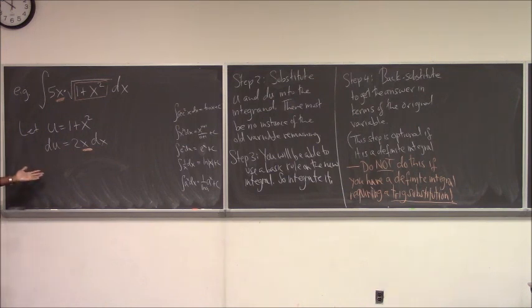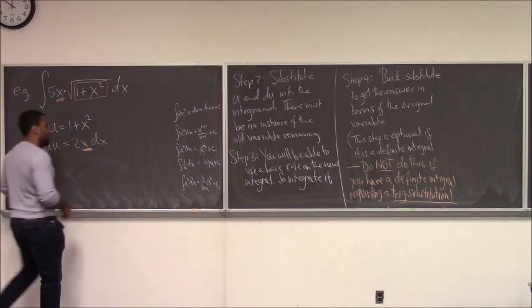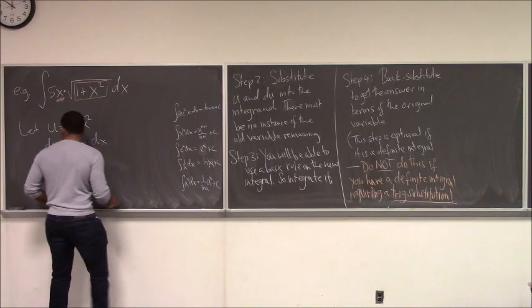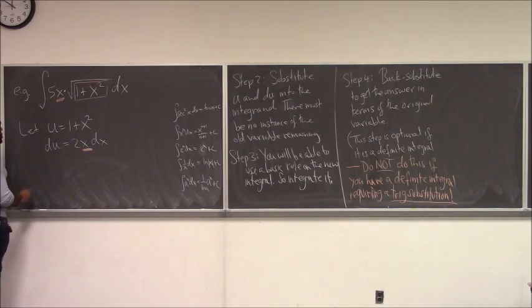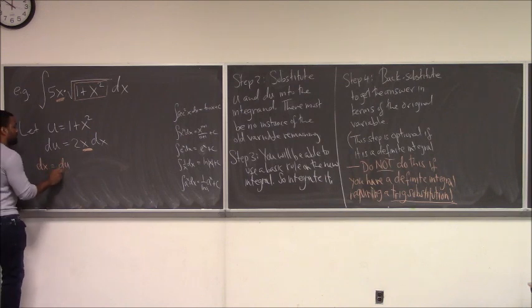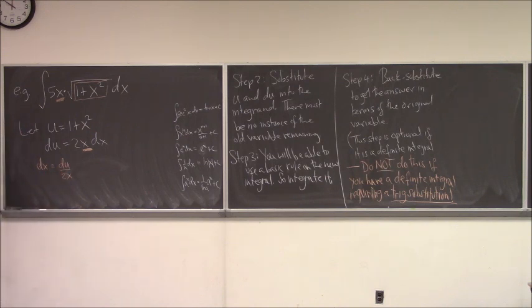A couple of ways people usually proceed here. The most popular one amongst the kids these days is they just like to solve for dx. So they solve for dx and they get du over 2x. That's one way to proceed.